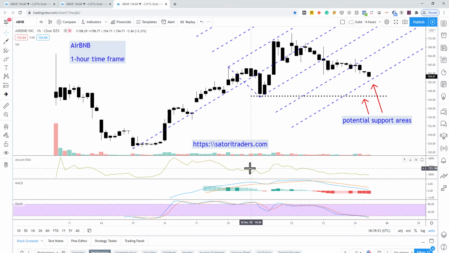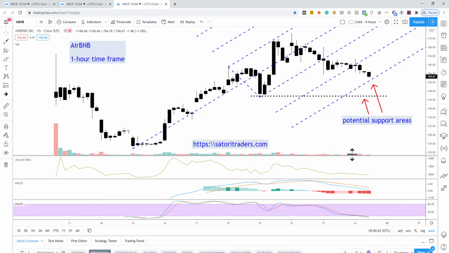And then this is the accumulation distribution indicator, and it suggests that investors are not accumulating this stock. Now let me caveat again, take all this for what it's worth, because we're working with a very limited amount of data to be making decisions based on indicators.